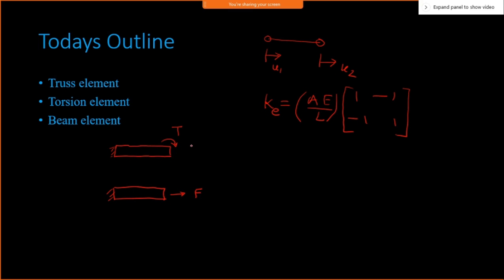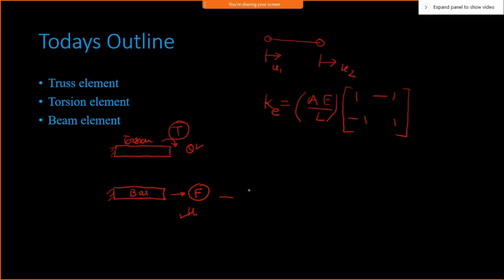Here the variable is u, which becomes the field variable. In the torsion element, theta becomes the field variable. The force in the bar element becomes, in the torsion element, a twisting element with a torque.